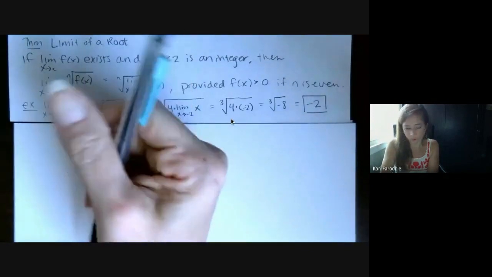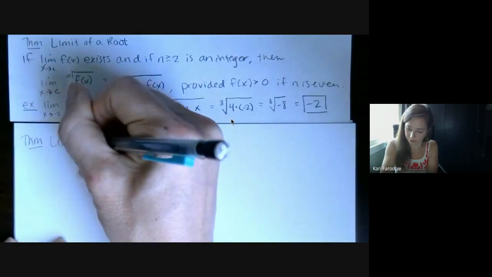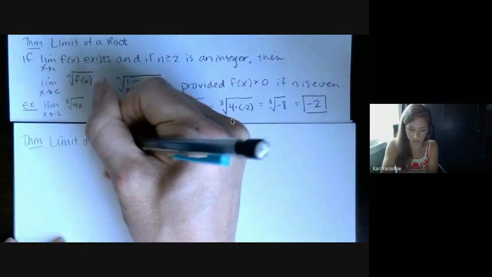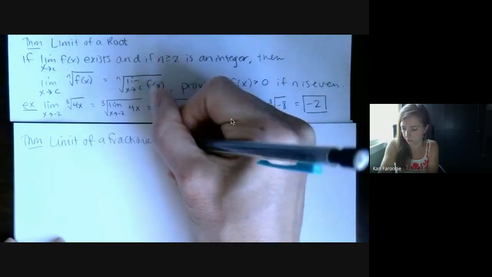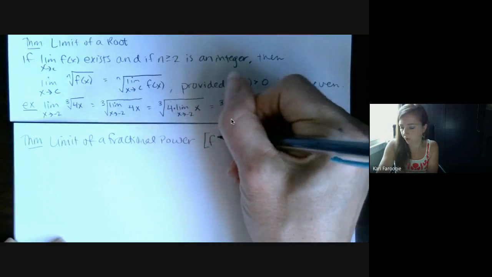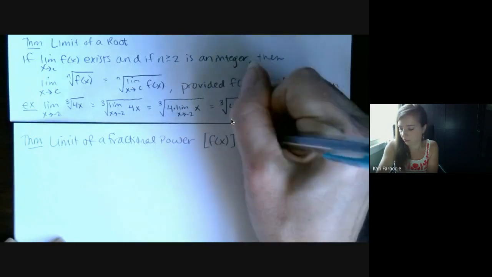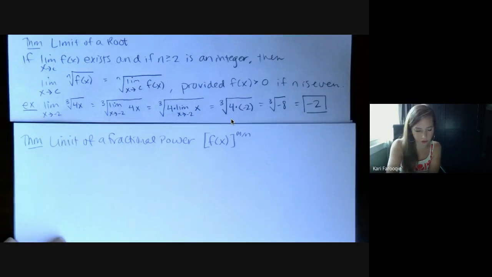We have a theorem for the limit of a fractional power. And this would be f of x to the m over nth power, some sort of rational power.